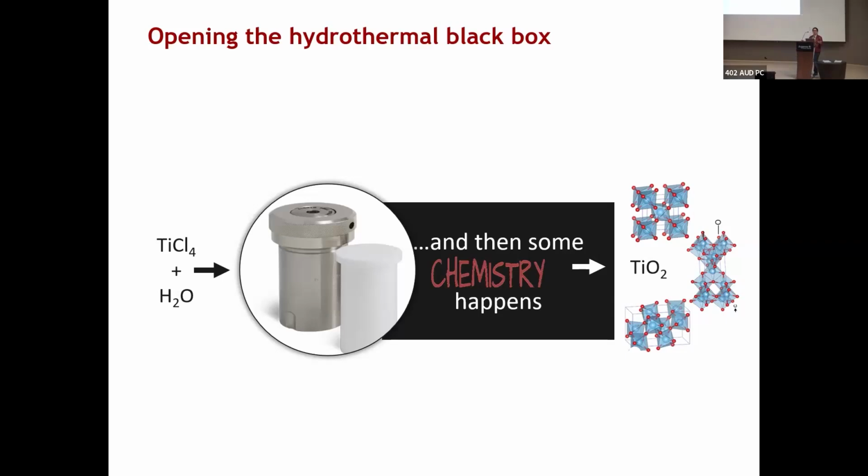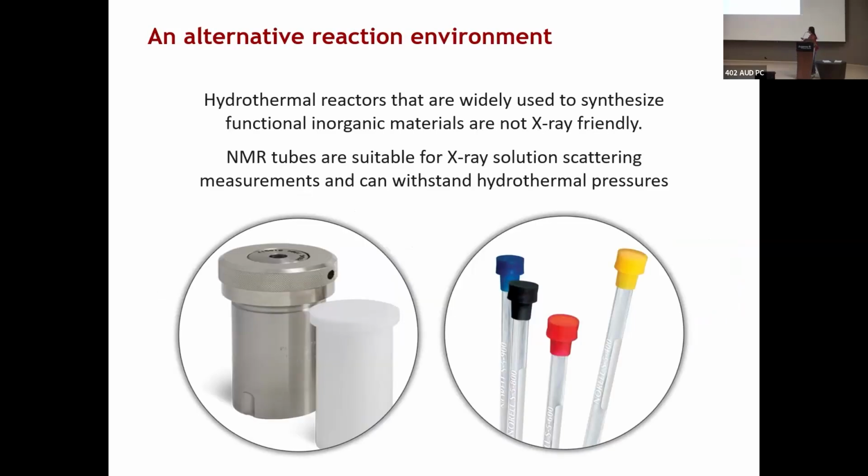Of course, we have X-rays, and we want to ask ourselves what's happening during these reactions. Stainless steel reactors, a high-energy X-ray beam definitely can go through that, but you see a lot of the stainless steel. And if you want to look at weak ion interactions, and you have dilute species in solution, stainless steel, not so great.